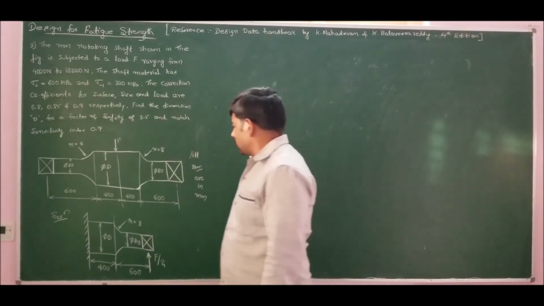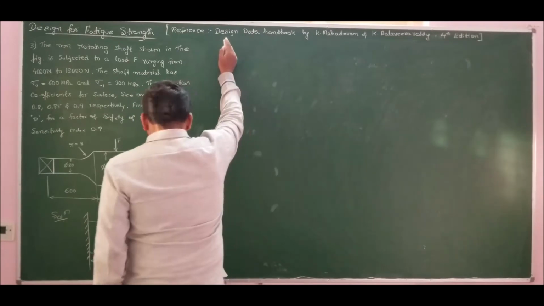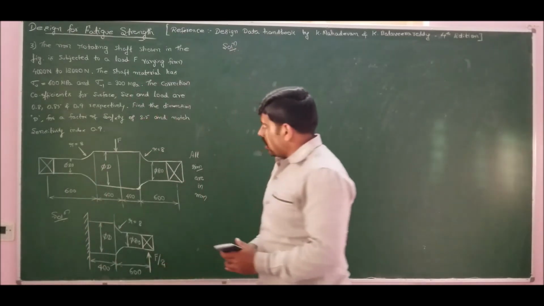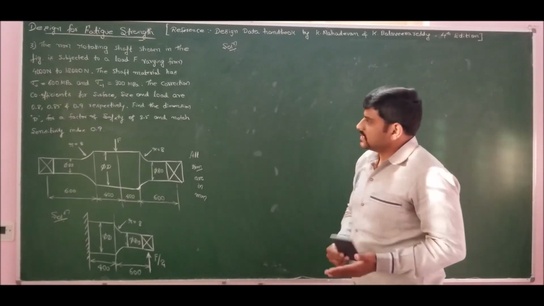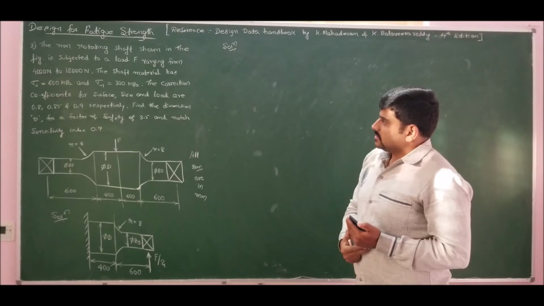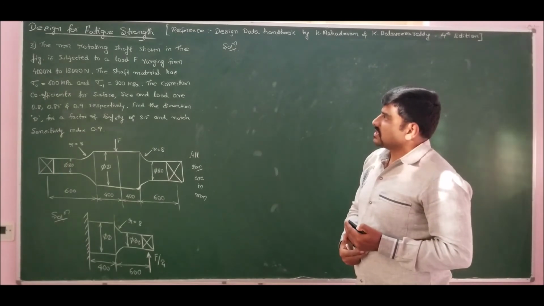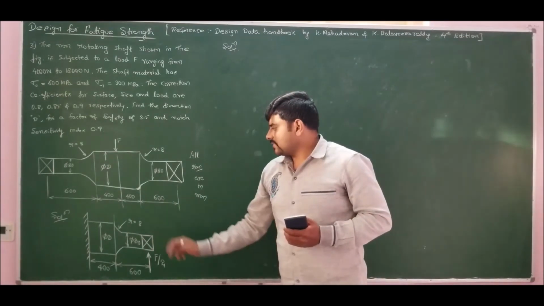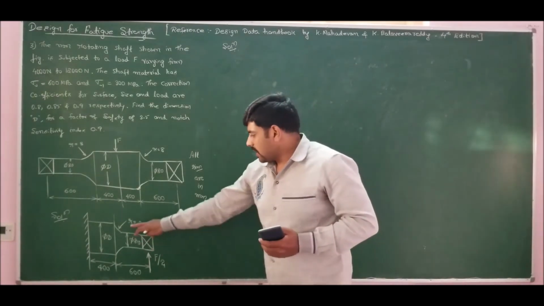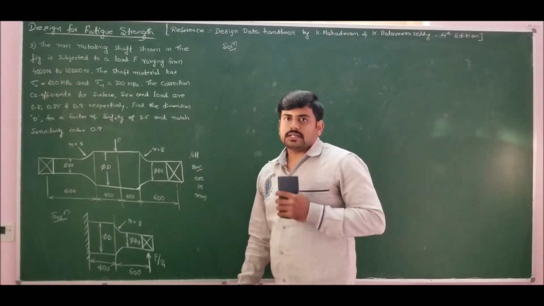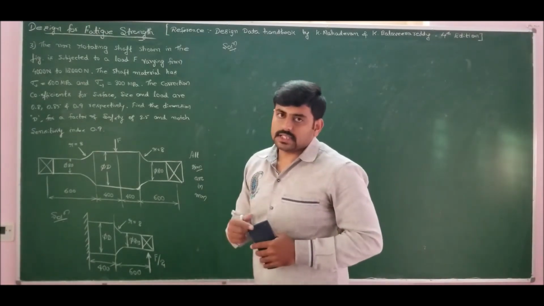If I solve this problem, all the required parameters are given except the stress concentration factor. If I find the stress concentration factor, I can find the value of D, because the stress concentration factor is a function of D by d and r by d, which we already studied in our design for static strength during our analysis in module 1.